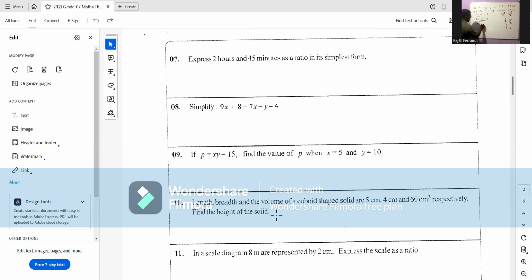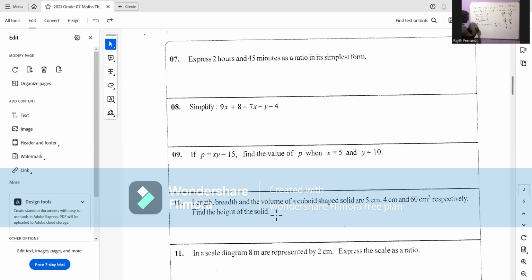You are asked to find the value of p when x equals 5 and y equals 10. You just need to substitute the x and y, and you can directly find the value of p.